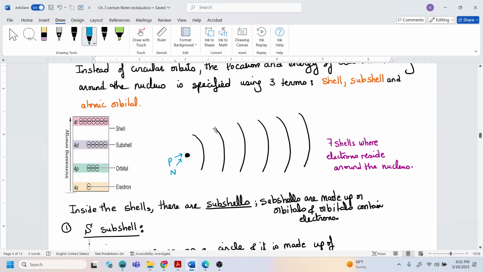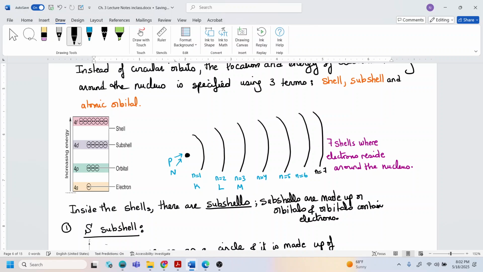They rotate around the nucleus in shells, and there are 7 shells, starting from n equal to 1, which we're going to call the K shell, then n equal to 2, the L shell, n equal to 3, the M shell, n equal to 4, n equal to 5, n equal to 6, and the last one is n equal to 7.